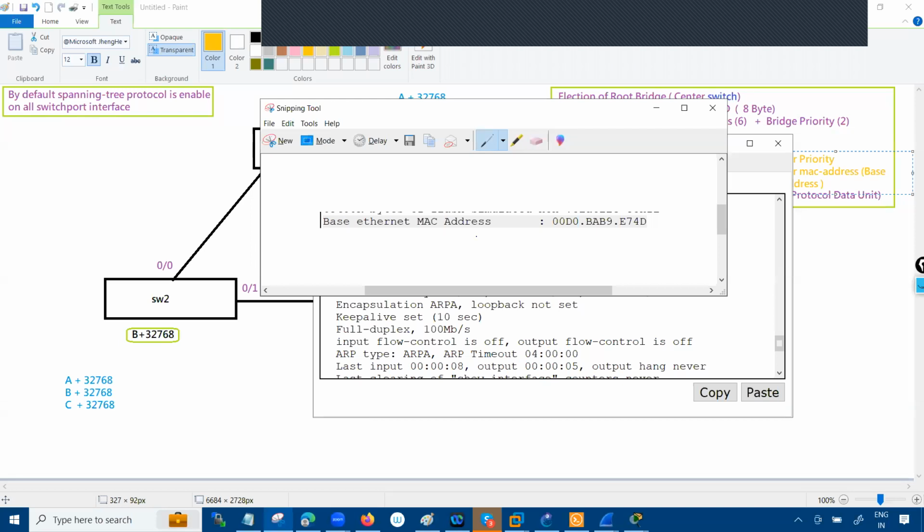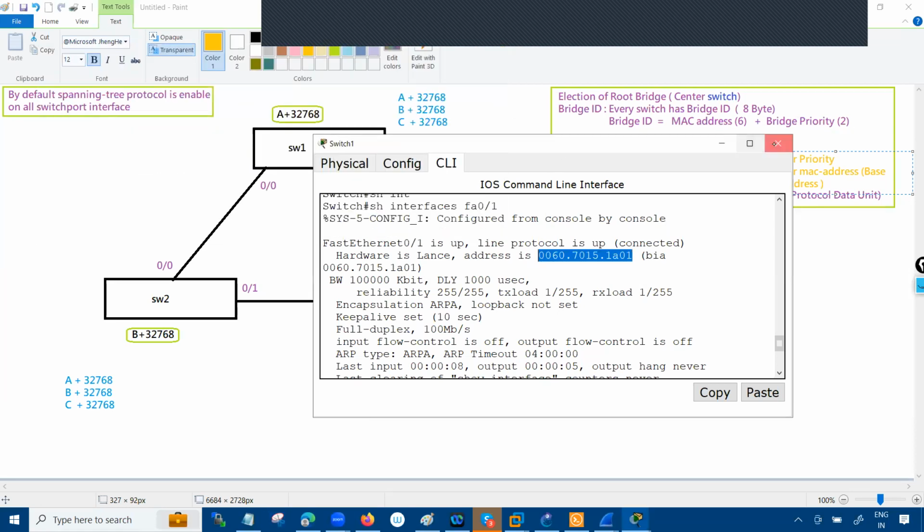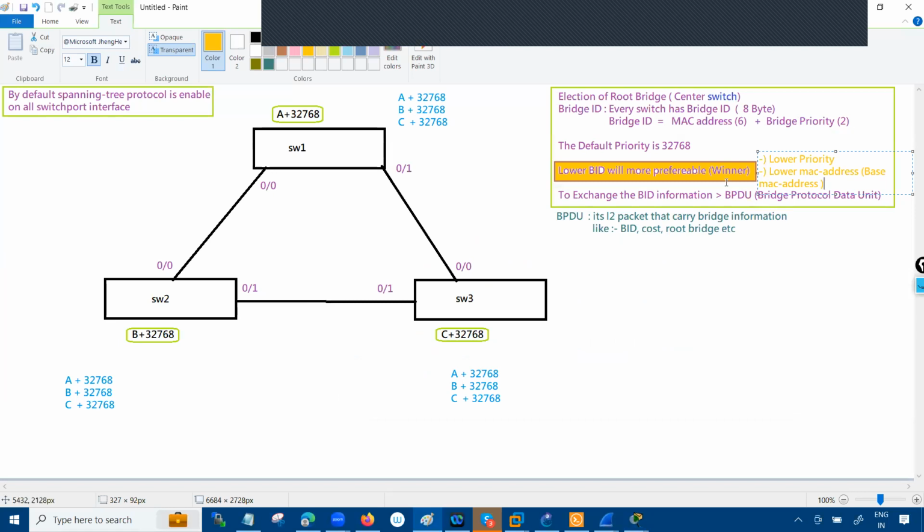It's different. Can you see that? Interface MAC address and base MAC address are totally different things. So when it comes to the bridge ID, we are going to look for the lower base MAC address.